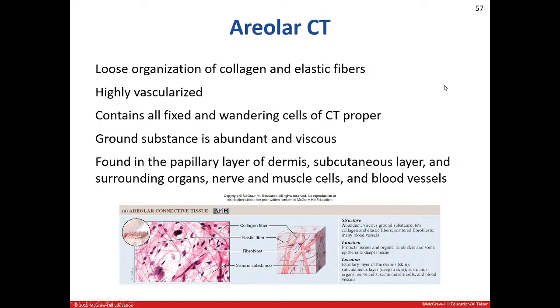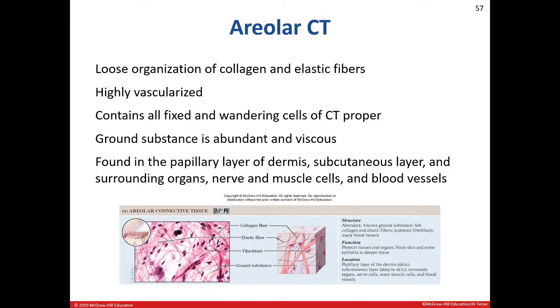So first up is the areolar connective tissue. If you look in either the slide or the cartoon to the right at the bottom, you can see the cells, which are the fibroblasts that produce the ground substance and the protein fibers. You can see the protein fibers, and you can see the ground substance. And you can see there's a lot of ground substance and not that much protein.